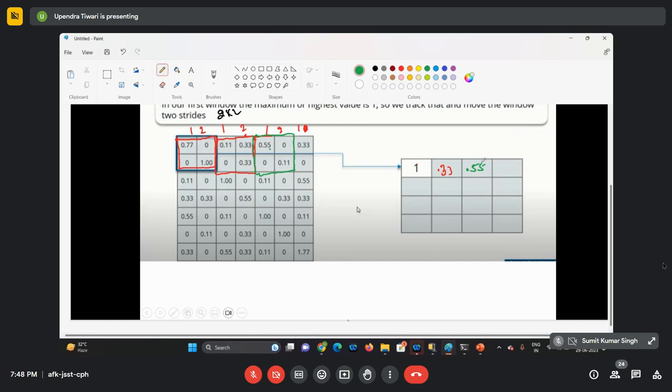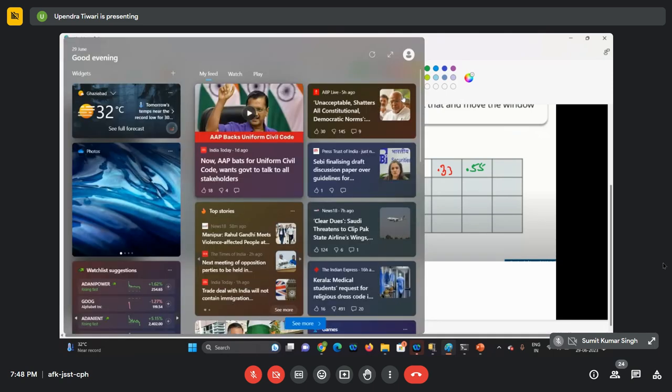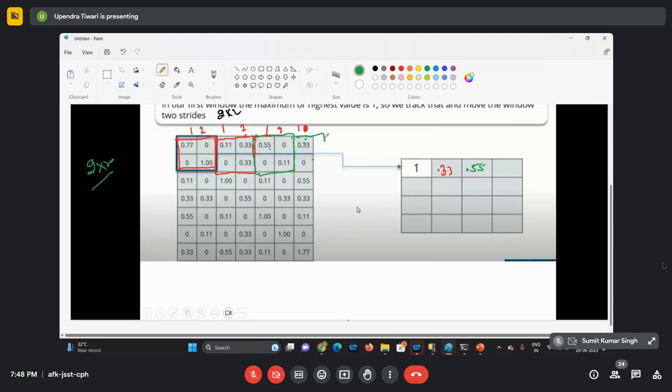Then after, we have to take the window size 2 by 2. But the thing is that we have only 2 by 1. We have only 1 column and 2 rows, but according to our requirement, we should have 2 rows and 2 columns. So to fulfill that, we'll add another column and give the value here as 0.